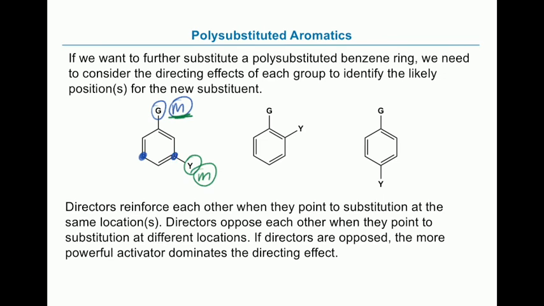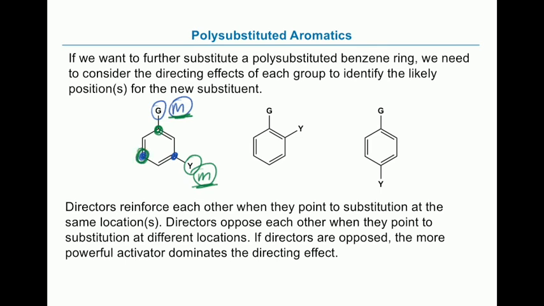You take it individually and say that top one wants a new substitution. The next one, if it existed on its own, would be meta to that group. Okay, the green one, also a meta-director, wants to put one where? Here and here.